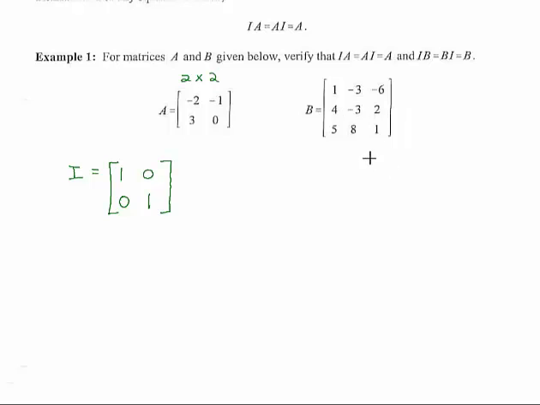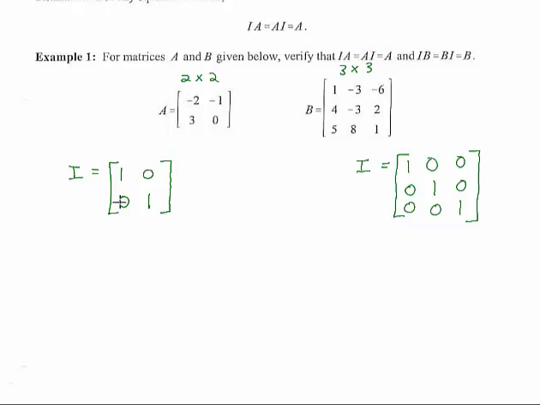The identity matrix for B will be a 3 by 3, because B is a 3 by 3, with ones in the diagonal and zeros elsewhere.